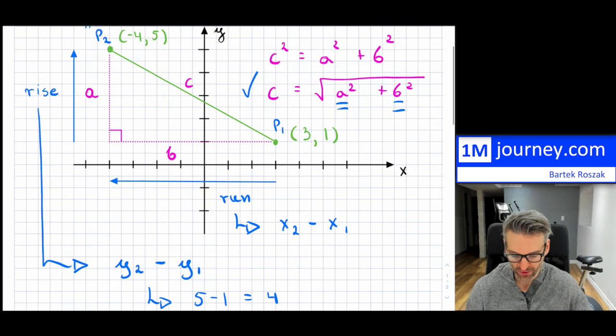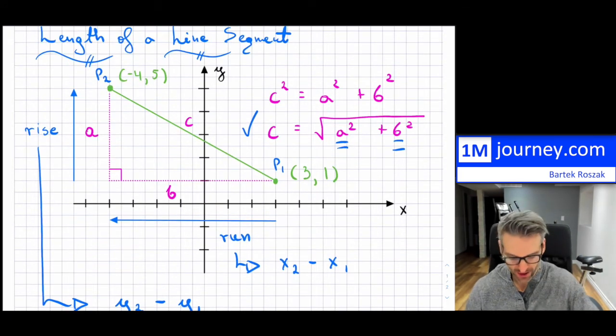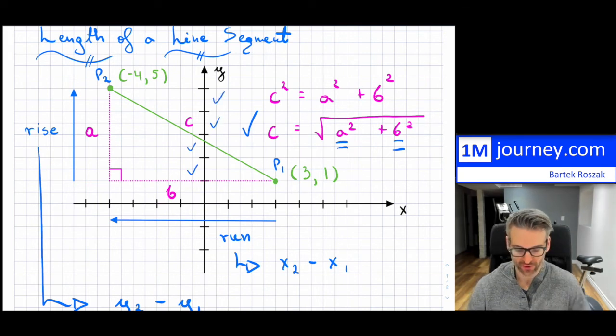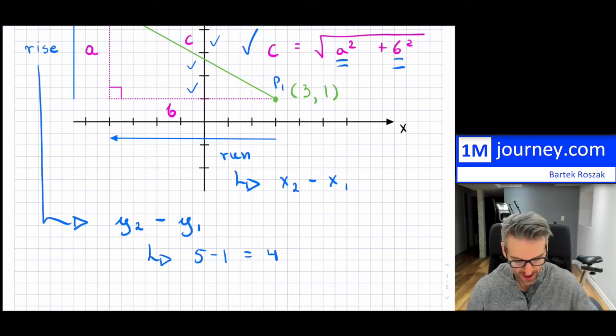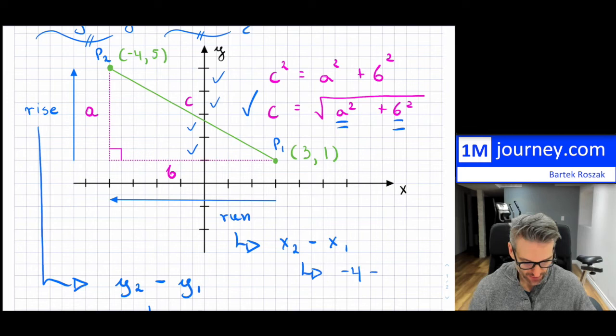That shouldn't surprise you, because we're going upwards: 1 up, 2, 3, and 4, just the way that it's labeled there. And then my run: we have x2, which is minus 4, and then minus 3 on the other side. So this is going to be negative 7.